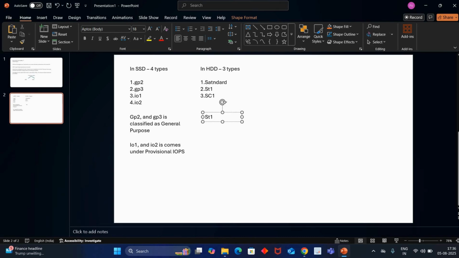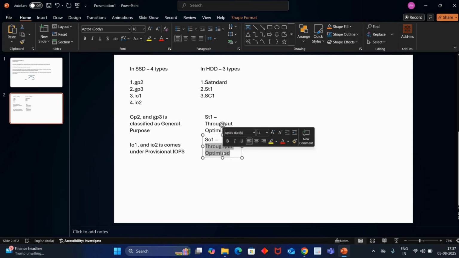ST1 comes under throughput optimized, and SC1 comes under cold HDD.